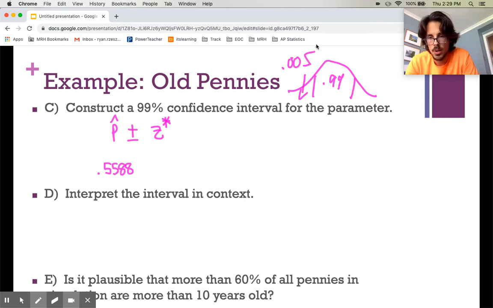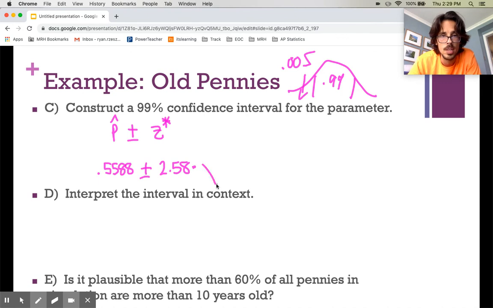So I would do 0.005 for my area, and that is 2.576 or 2.58, depending on how you round it. So I'm going to go 2.58. The AP test is pretty forgiving about rounding. If you make this 2.57, 2.58, it's cool. As long as you show your work, you're going to be fine.